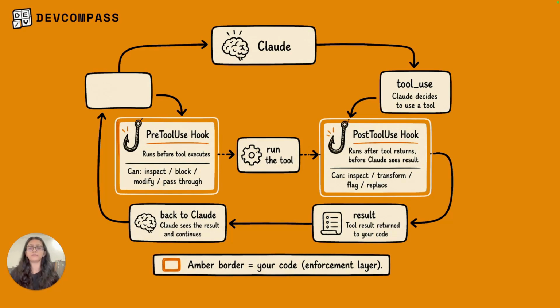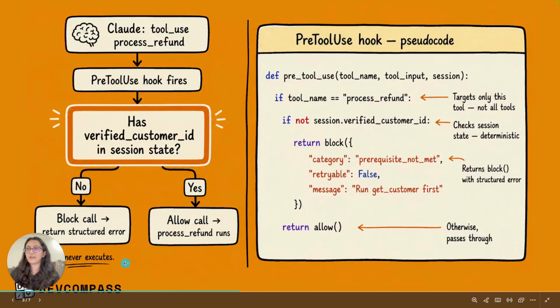It can inspect the result, transform it, flag it, or replace it entirely. Two interception points, before execution and after execution. Everything that flows into your tools and out of your tools passes through these two checkpoints if you register hooks for them. So let's discuss these in detail.